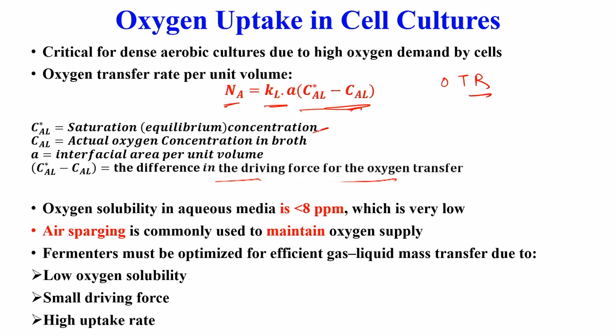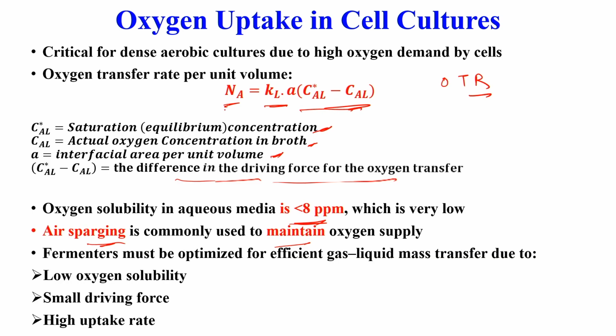CAL star is saturation or equilibrium concentration, CAL is actual oxygen concentration in the broth or media, A is the interfacial area, and CAL star minus CAL is the driving force or difference in the concentration. We have already discussed this, oxygen solubility is very less, close to 8 ppm, and typically air sparging is done to maintain the oxygen supply.